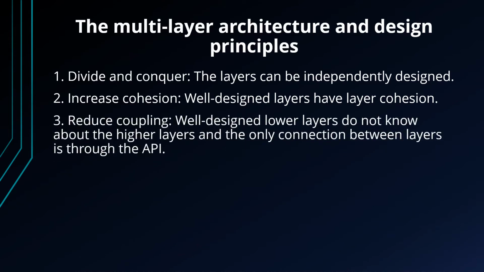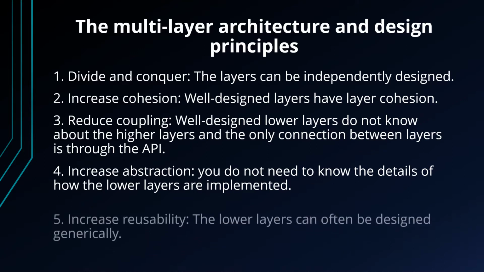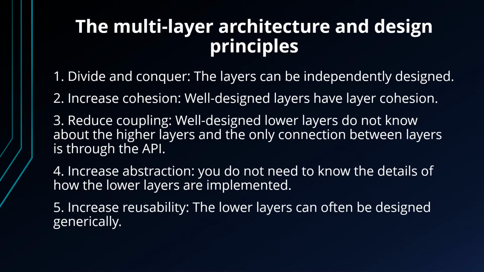Reduce coupling: well-designed lower layers do not know about the higher layers, and the only connection between layers is through the API. So increase the abstraction. You do not need to know the details of how the lower layers are implemented. So increase the reusability. The lower layers can often be designed generically.